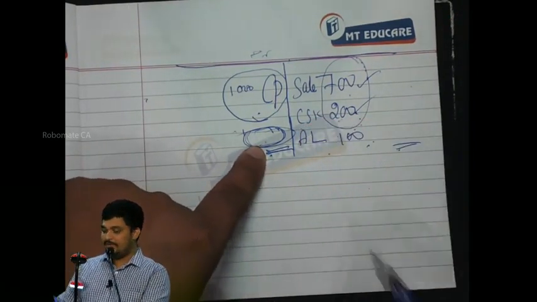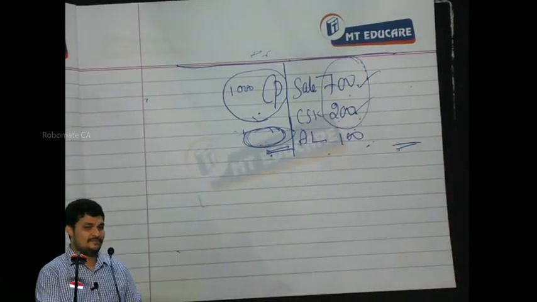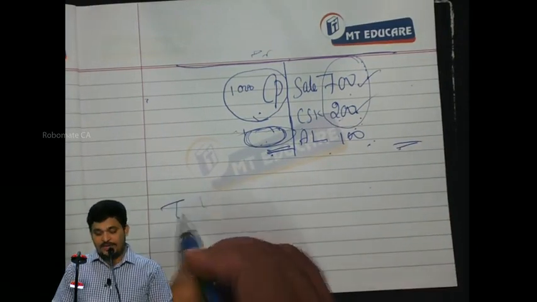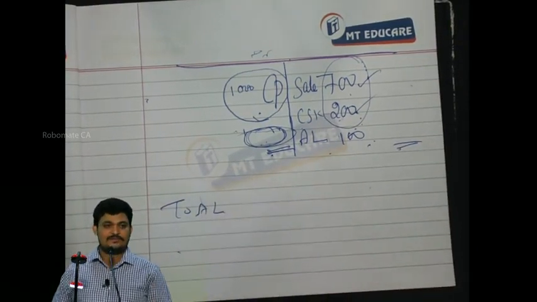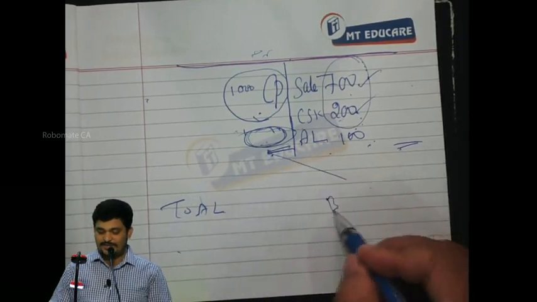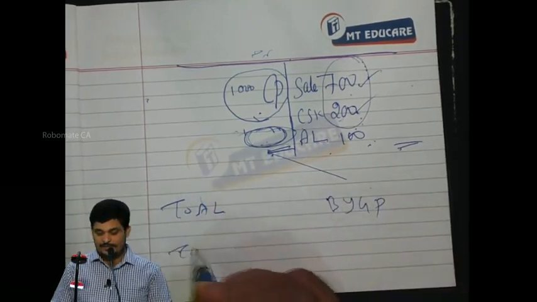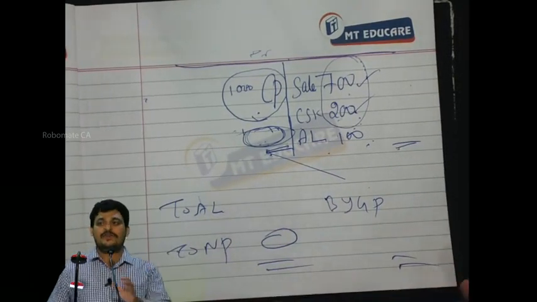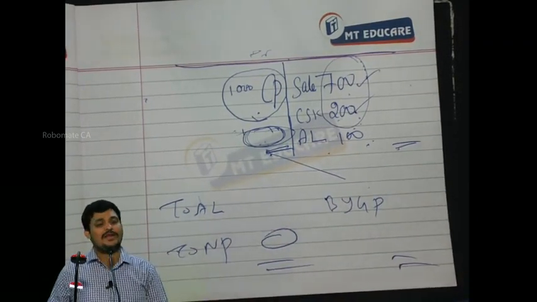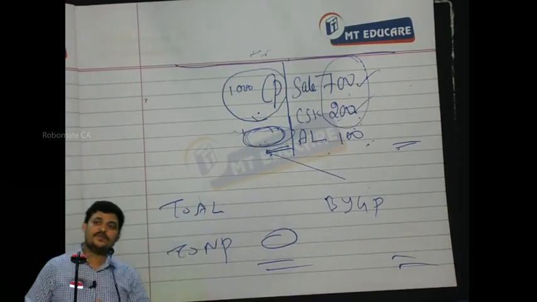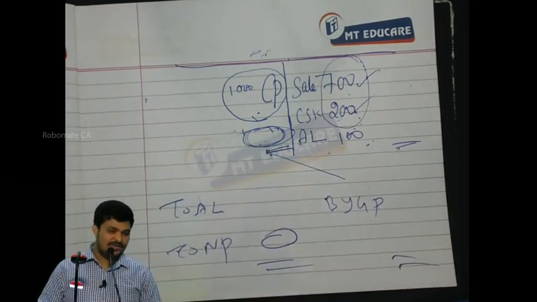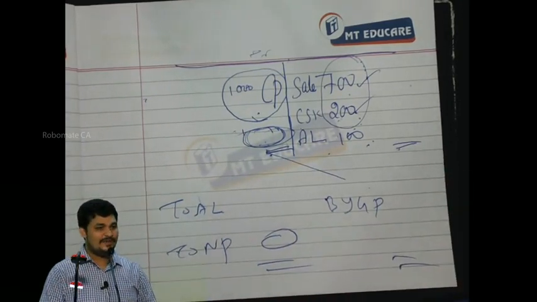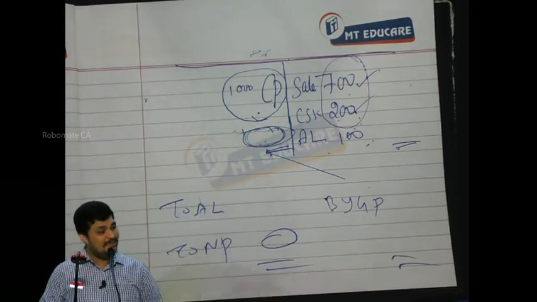By making this entry, you are actually eliminating the loss, and then you book the loss in the P&L. You bring this gross profit down, deduct the expenses, and you get net profit. Gross profit, do you want it after abnormal loss or before abnormal loss? Before abnormal loss. Gross profit, before normal loss or after normal loss? After normal loss. This is the basic concept.